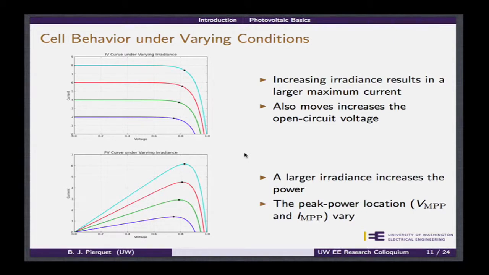So the larger irradiance essentially results in larger power. So if you look at these dots, for the blue, green, the red, and cyan, they're going to be essentially correlated vertically with each of the plots up and down. And so this kind of gives you an idea of what the power output looks like relative to the voltage that's across this.